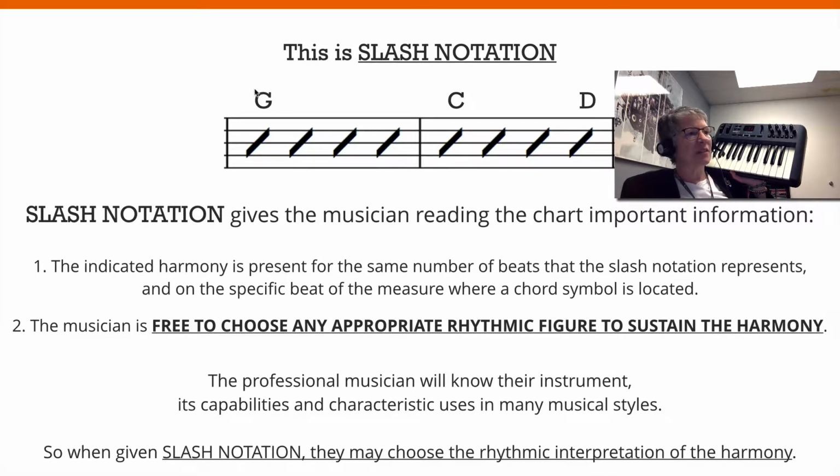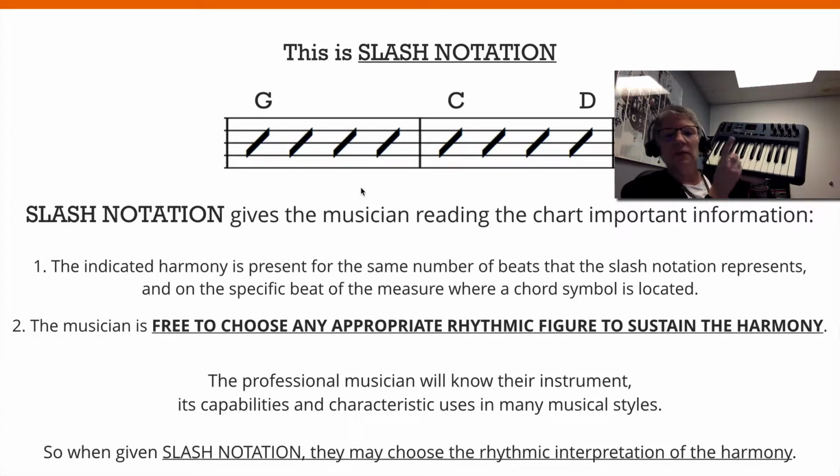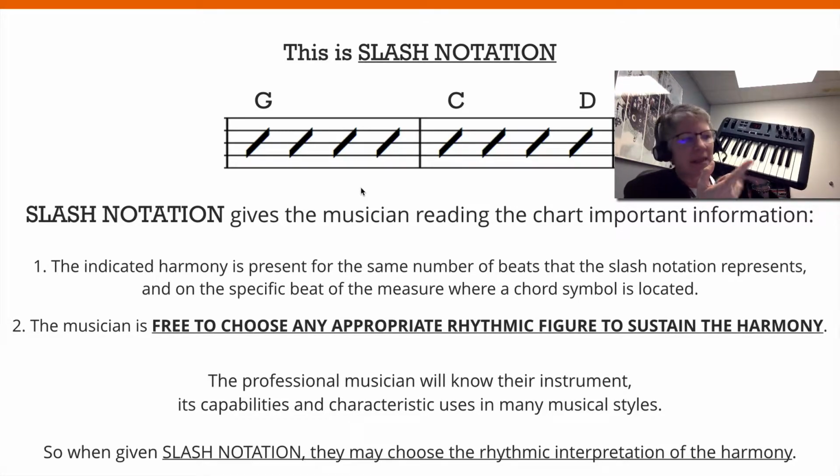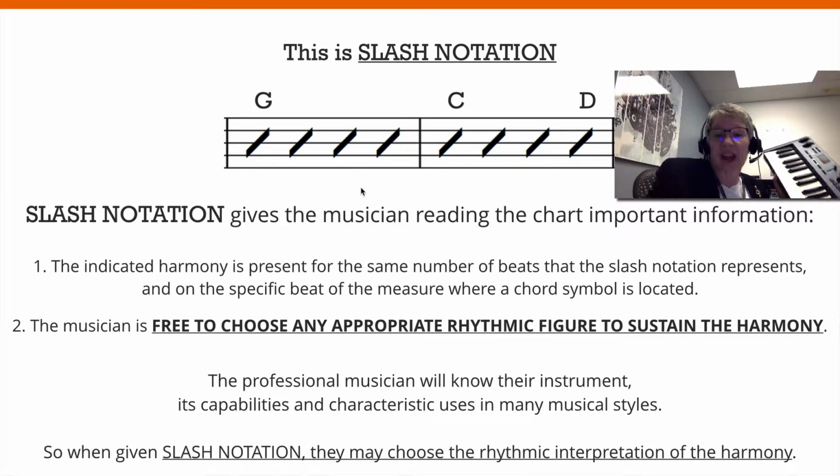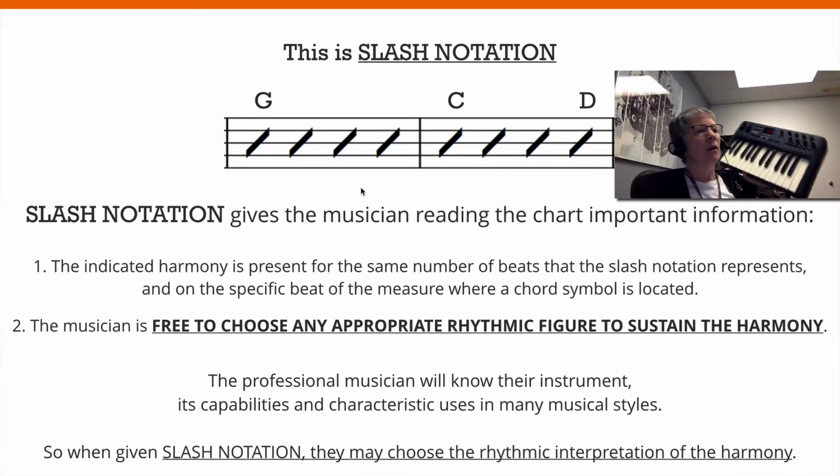So that means in this full measure of G, I can go 1, 2, 3, 4, G, G, G. I didn't play 4 beats. That slash notation gives me the freedom to choose a rhythm that's appropriate to the style of the song I'm playing. When I get to the next measure, I'm going to have to get the D on the 4th beat, but I can still choose appropriate rhythms for the C for the first 3 beats.